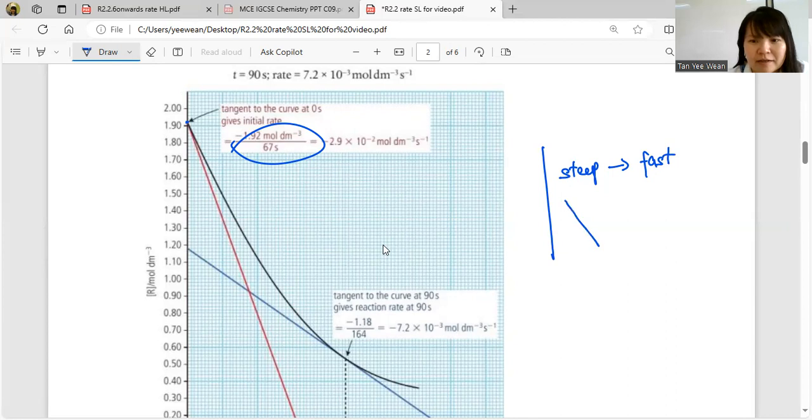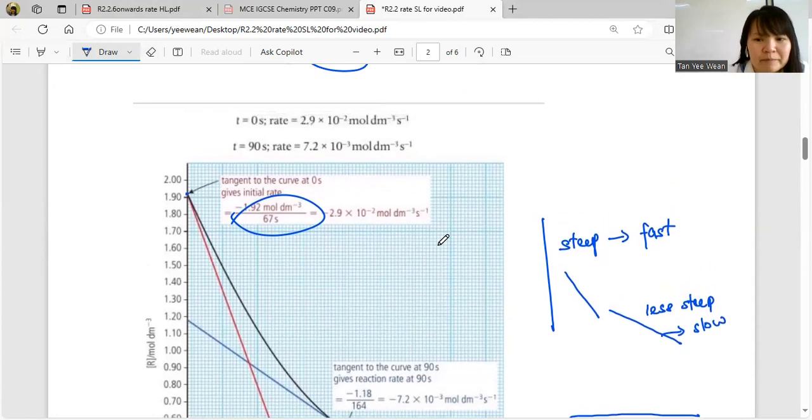When it's less steep, it means it's slow, or a low rate of reaction. And if it flattens horizontally, it means that the reaction might have ended or stopped, or there are no more reactants.